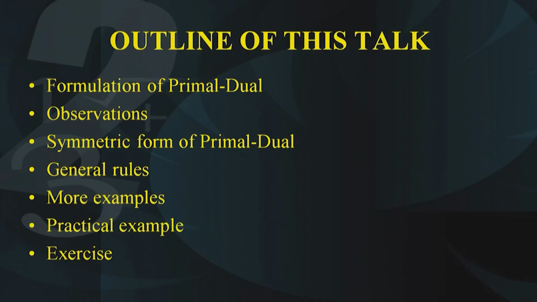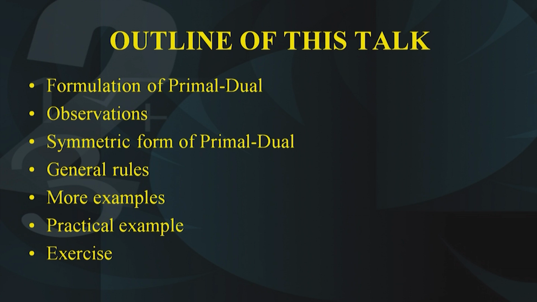The outline of today's talk is as follows: formulation of the primal and the dual, then we will make some observations and try to see what is the relationship between the primal and the dual. Then after that we will see the symmetric form of the primal dual.